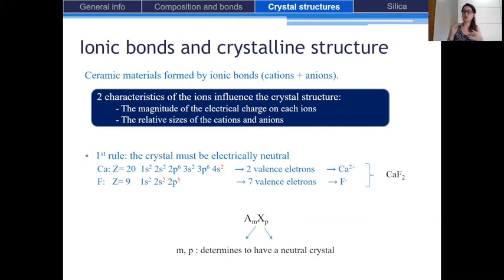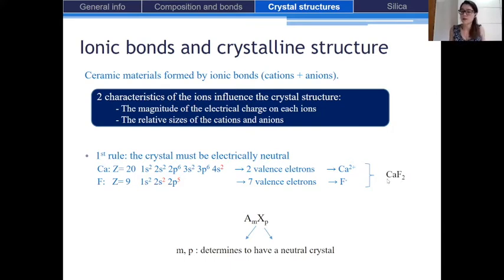So in order to reach the stable electron configuration, calcium will have the tendency to give its 2 valence electrons to fluorine. And fluorine, in order to reach the stable electron configuration, will tend to gain 1 electron. So in order to have a material that is electrically neutral, we need to have 2 fluorine for 1 calcium atom. Okay, so how will we write down the composition of the ceramic?